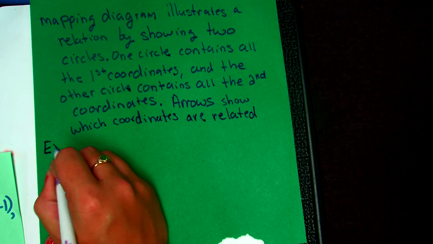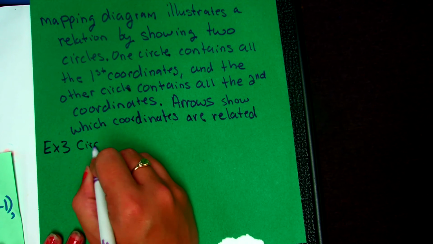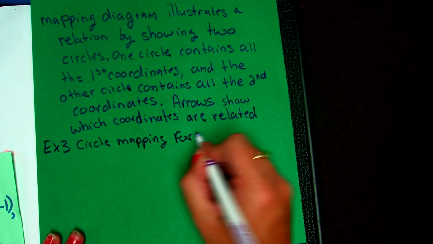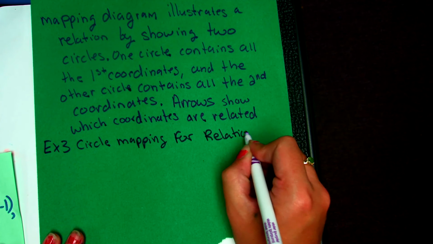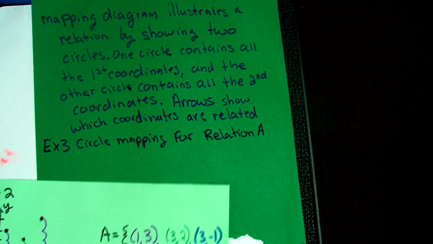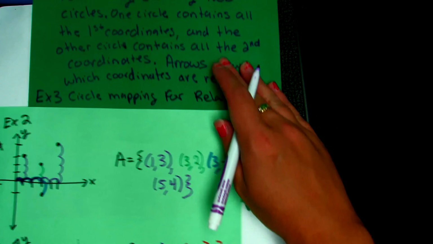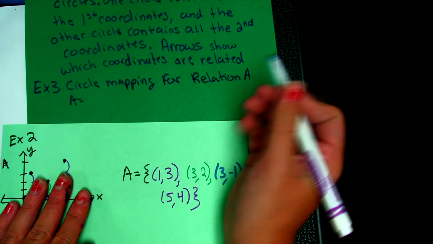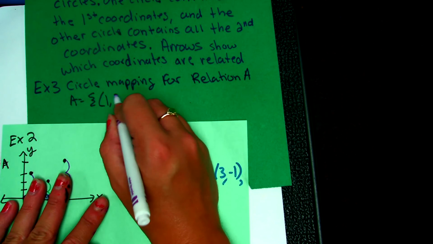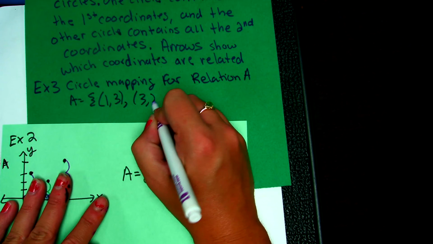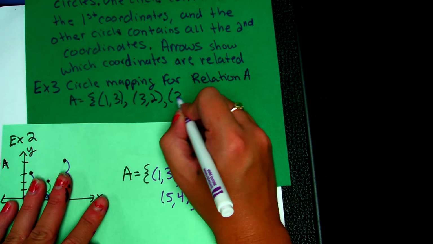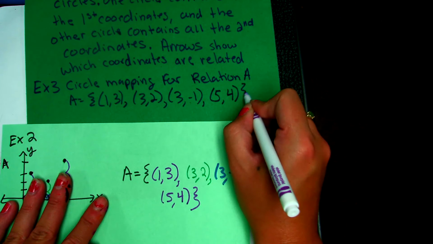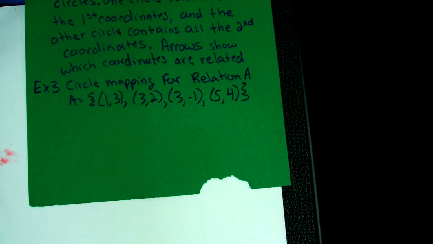So we want a circle mapping for relation A. And remember, relation A, if we go back to example 2, was the ordered pairs (1, 3), (3, 2), (3, -1), and (5, 4).